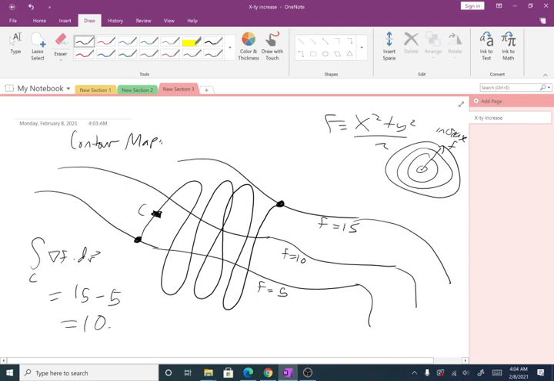So we've increased f by 10. That's pretty surprising, because it does not depend on the curve. It only matters how much we increased f.